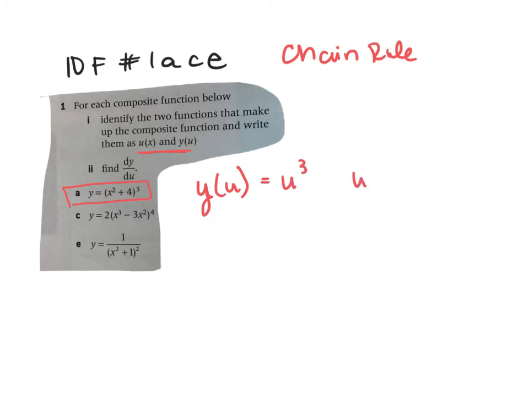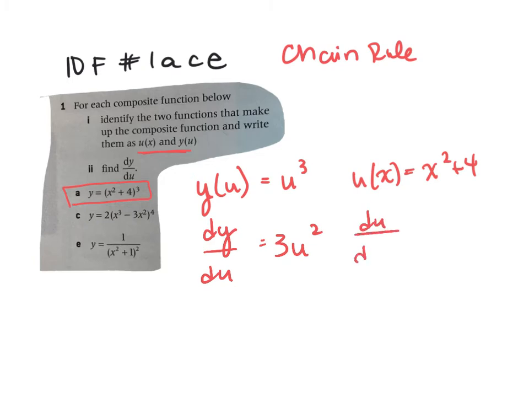And then u of x would be x squared plus 4, and that is just because the outside function here is something cubed, or u cubed. And then to get the derivative, we're going to get dy/du, which is 3u squared, and du/dx, which is going to be just 2x.